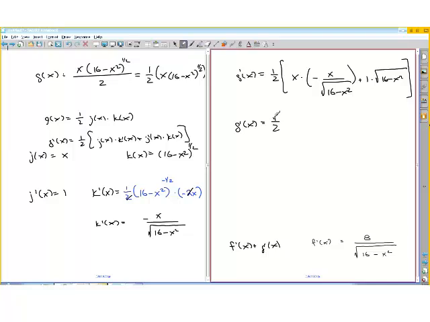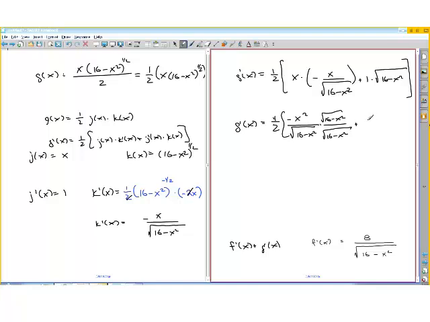So what we'll get is 1/2, and here we get negative x squared, divided by the square root of 16 minus x squared, times the square root of 16 minus x squared divided by the square root of 16 minus x squared.